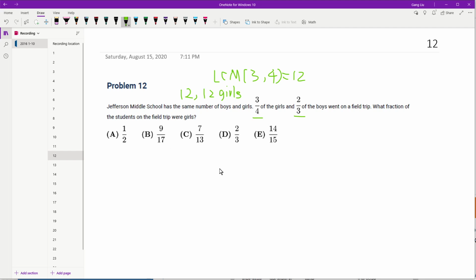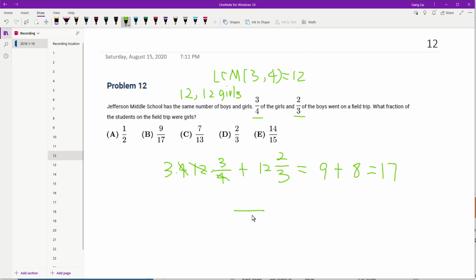Then we will have 12 multiplied by 3/4 plus 12 multiplied by 2/3 equals 9 plus 8 equals 17. So altogether there are 17 boys and girls on the trip.